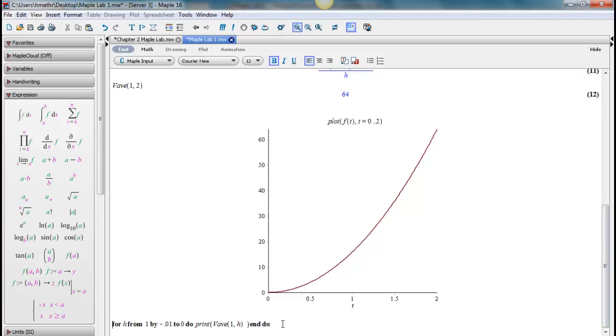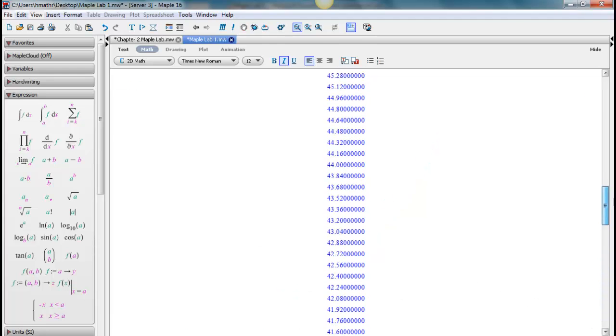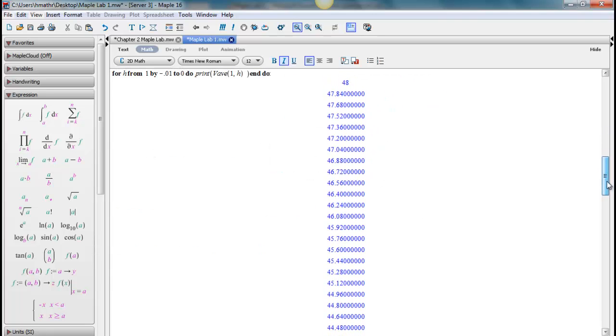But until h reaches 0, we should be getting outputs that are real numbers. Now notice that the minute I click enter, Maple computes all of these values, and notice how quickly that was done. If you sat down and tried to do this by hand, obviously it would take a long time.